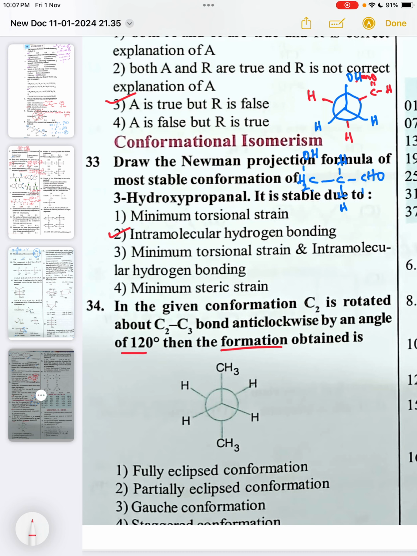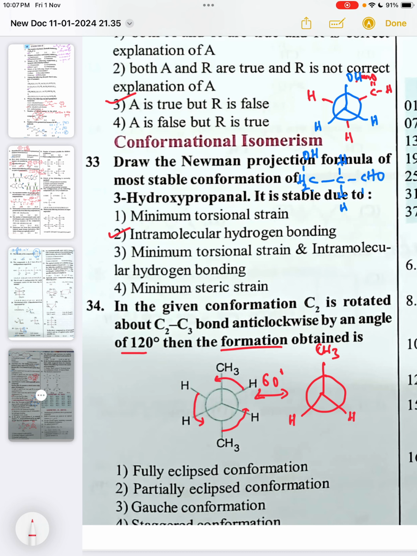We discussed C2-C3 rotation today. Rotation of 120 degrees anti-clockwise: if you rotate 60 degrees, the front carbon is as it is, but the back carbon rotated means this one comes here, this goes here.